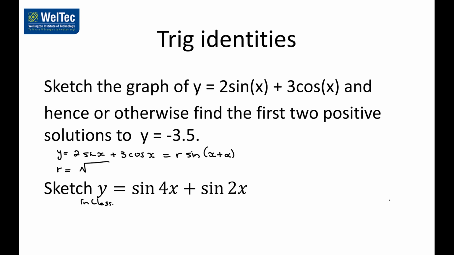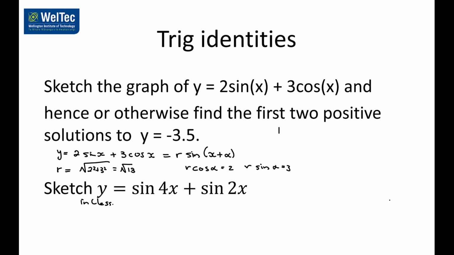So we can work out what r is. R is the square root of 2 squared plus 3 squared, which is root 13. By making the comparison of the expansion, if we expand the right hand side, then we can see that r cos alpha is equal to 2 and r sine alpha is equal to 3.